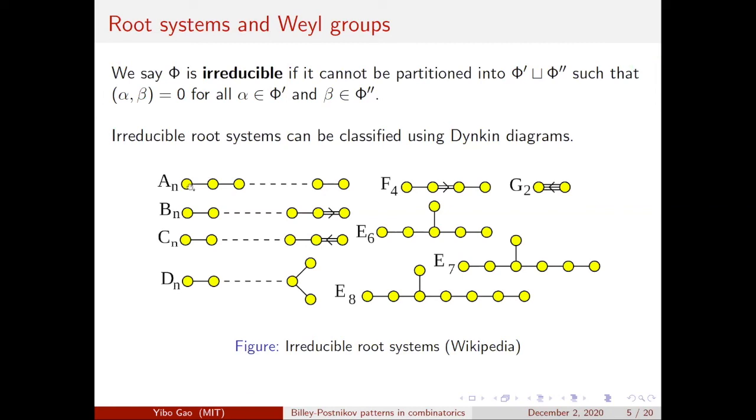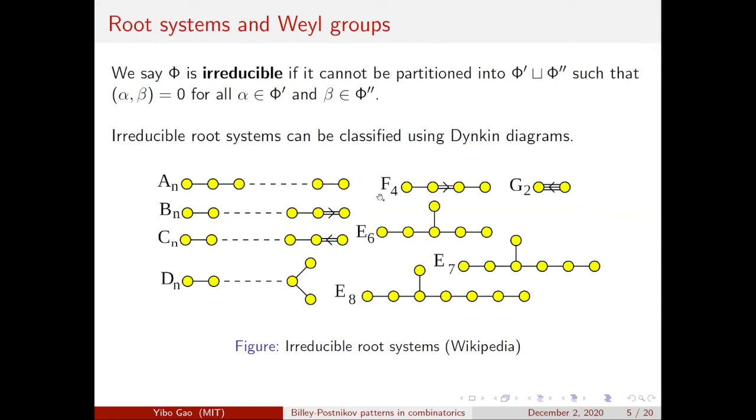Yeah, that's right. So this diagram here means the following. Let's take type An. Each node here is a simple generator si of the group, and I'm taking the group generated by those elements.